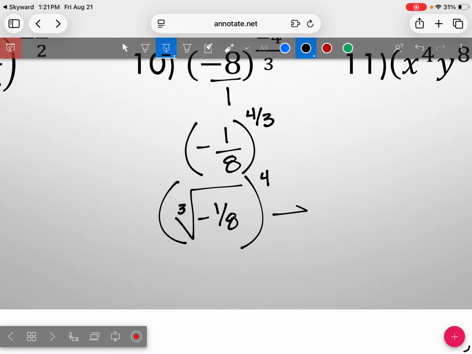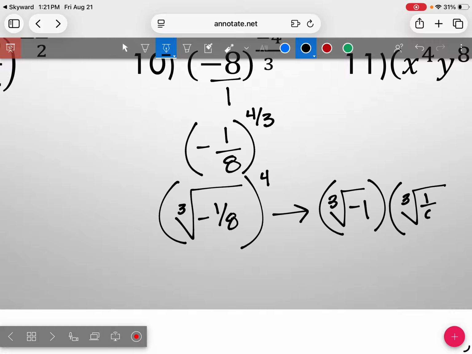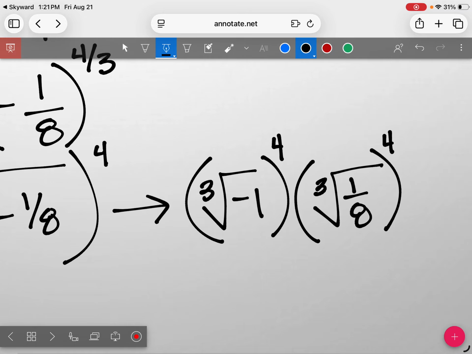But I'm going to separate this into 2 questions because remember that you always look at the negative separate. So that's really what we're doing.